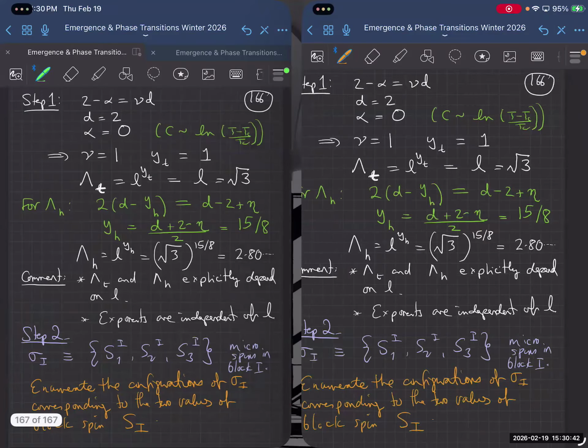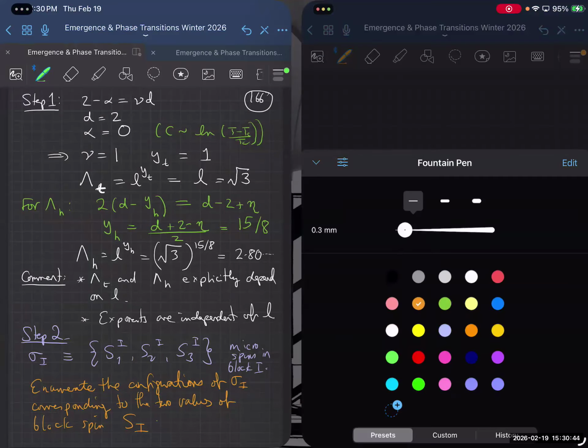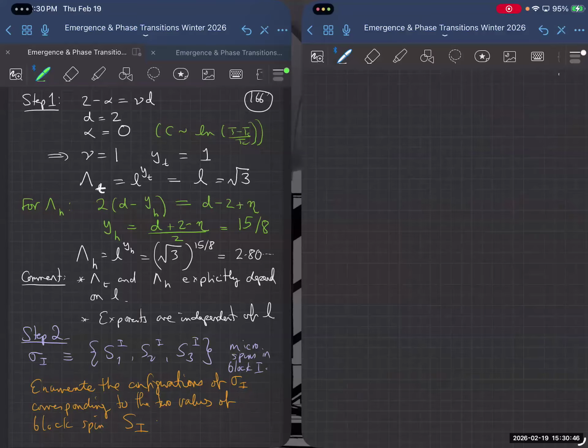So let's go ahead and just enumerate what those are. Here's Si, I've got a block, and I know that the block spin has value +1. What are the microscopic configurations that correspond to that? We can easily write them out. So those sets look like this.